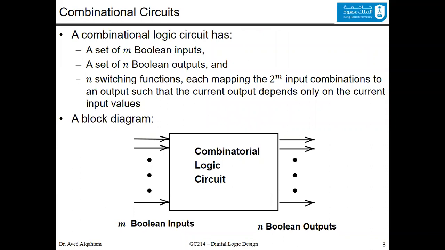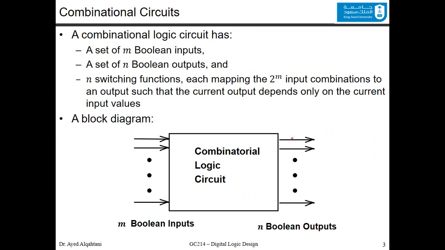The combinational circuit. Actually, a combinational logic circuit has a set of M Boolean inputs and a set of N Boolean outputs, and N switching functions, each mapping the 2 to the power M input combinations to the output, such that the current output depends only on the current input value.